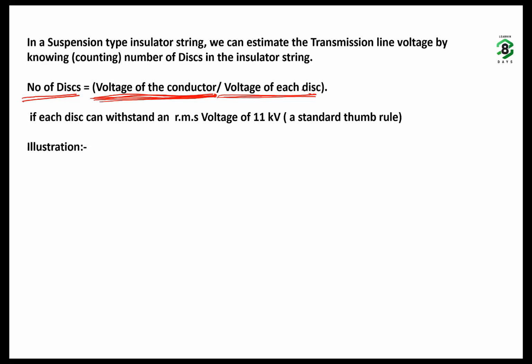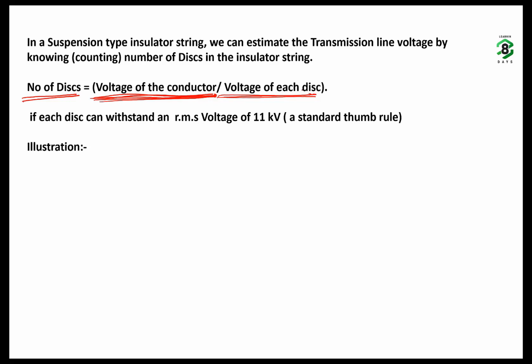So how many discs you have to connect to provide the insulation is given by the voltage of the transmission conductor with respect to neutral or ground divided by the voltage withstand capacity of each disc.